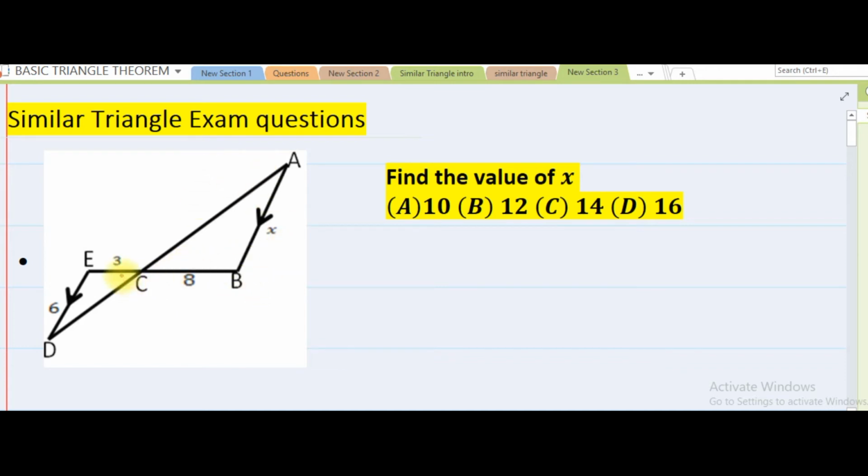Looking at this, you notice that this angle is the same as this by the vertical angle theorem. Again, this line is parallel to this, so this second angle here is also equal by the alternate interior angle theorem.